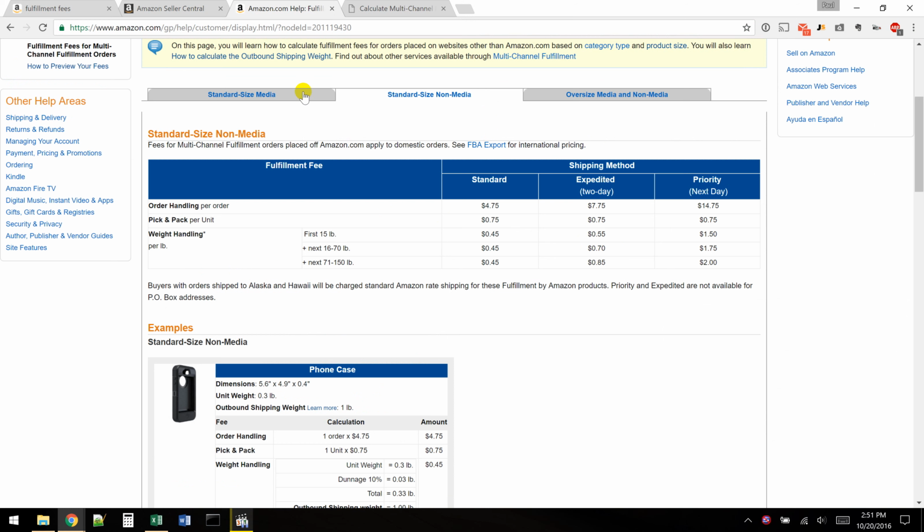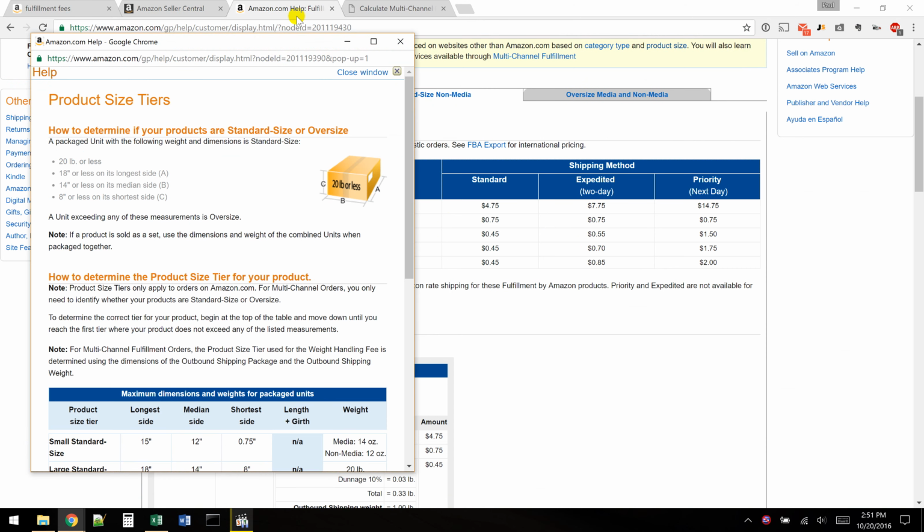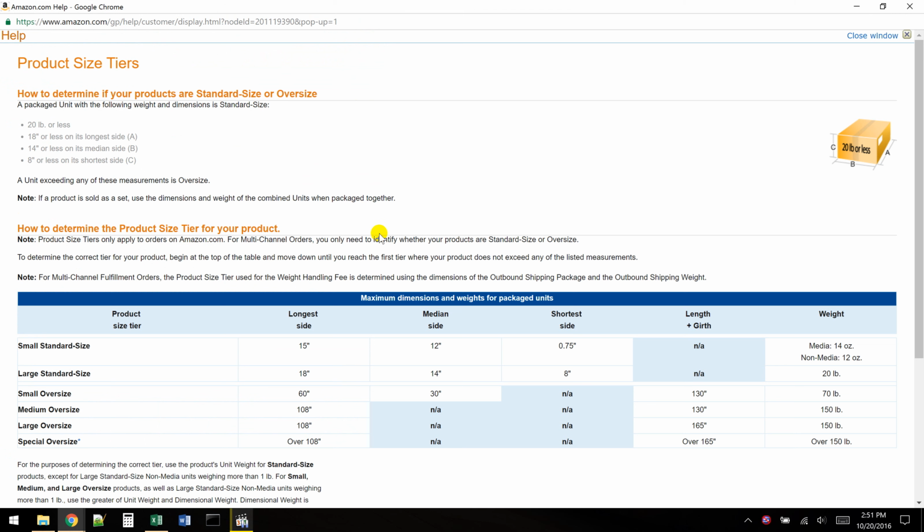Okay, so let's start with product size tier. You can see we've got standard size here, and then also oversize. Yet another website for calculating product size, standard versus oversize.